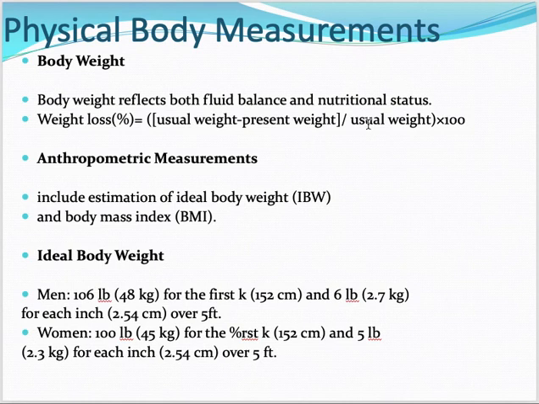This is one of the formulas to check how much weight loss percentage there is. This formula is very important, and when you go into clinical practice, you will know how much weight loss is considered significant.